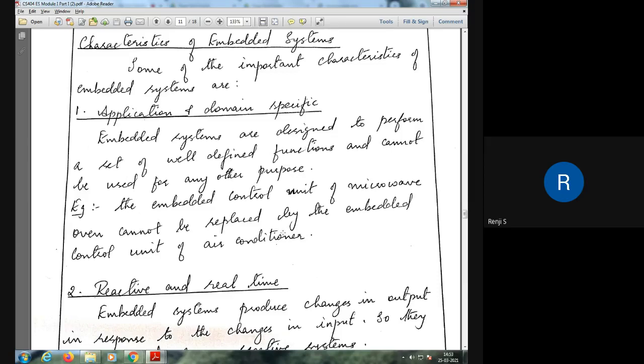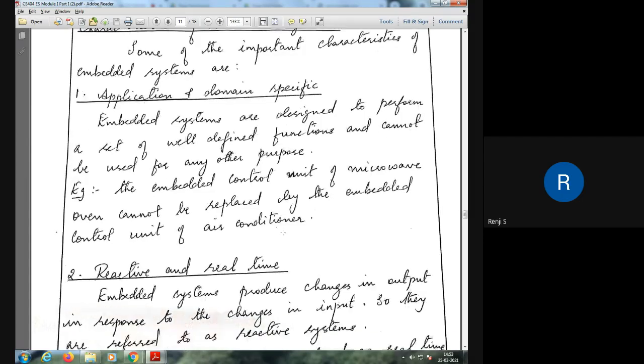Some of the important characteristics of embedded systems include, the first one, it is application and domain specific. That is, they are designed to perform a specific function, and it cannot be altered. Once it is designed for a function, it can satisfy only that particular functionality and cannot be used for any other purpose.